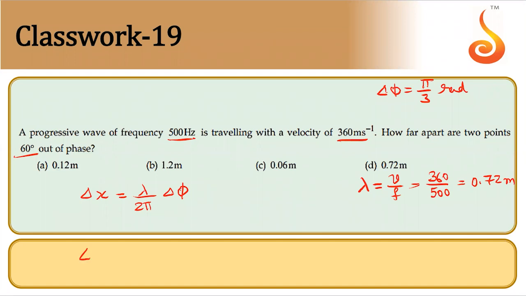So what is delta x? 0.72 divided by 2 pi into pi by 3. So pi gets cancelled. So it will turn out to be 0.72 by 6, which is 0.12. So it should be 0.12 meter.